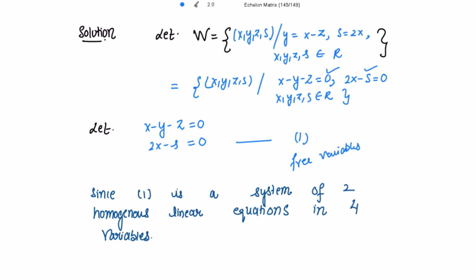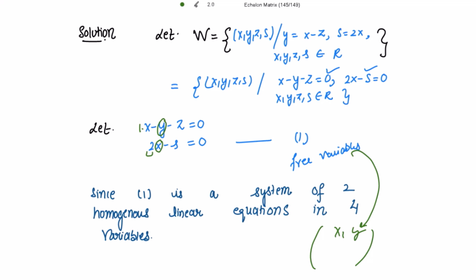The variable whose coefficient is not equal to 1. So we can choose x, and also we can choose y. You can also choose z and s, right? The coefficient should not be equal to 1. Here I am having the coefficient of x to be 1, but in the second equation I am having the coefficient of x to be 2. So you can choose x, right?